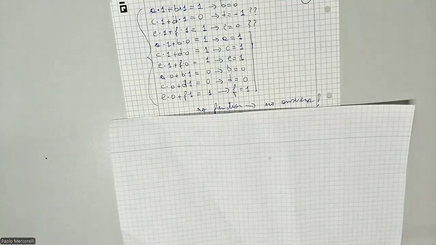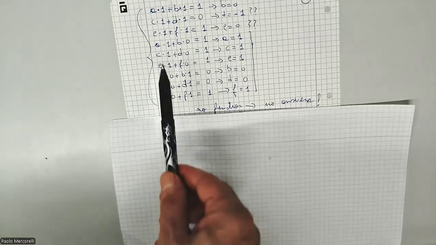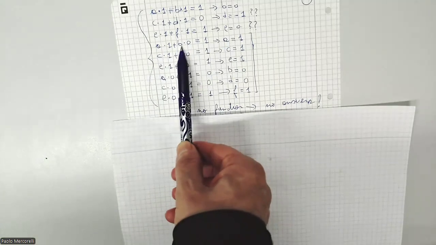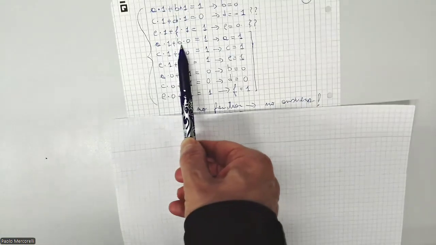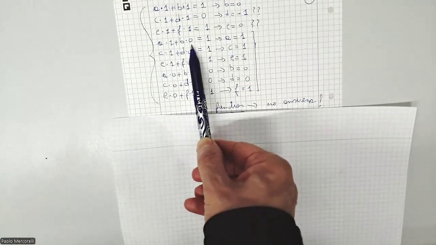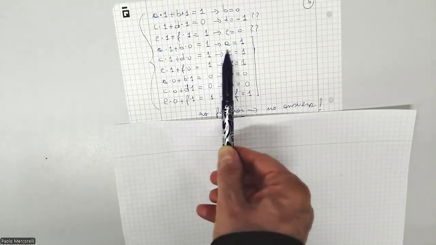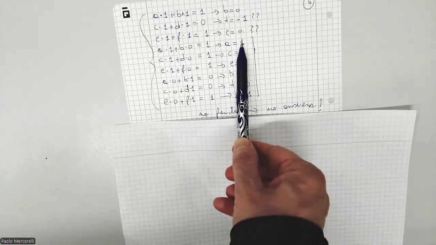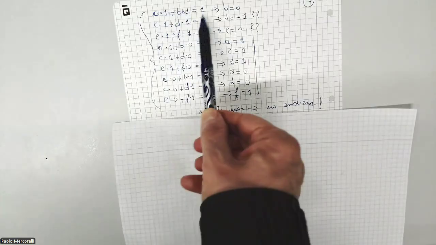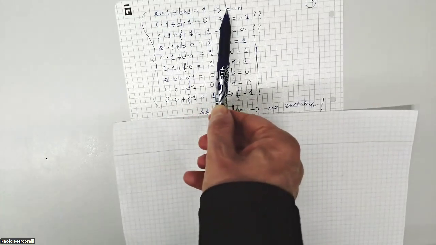You can use all the knowledge which you have in math, because here we are in a master's course. From this line here, thanks to this 0, I can say directly that A equals 1. But if A equals 1, I can use it here. If A equals 1, B is equal to 0.